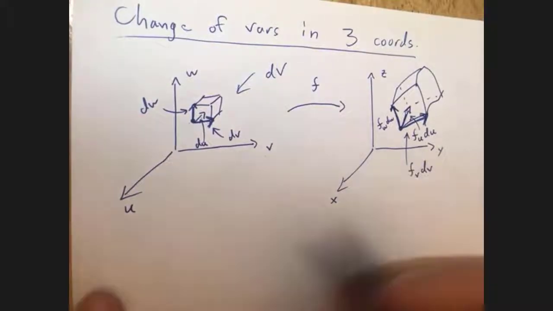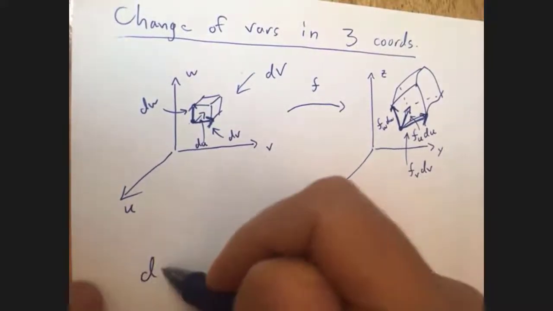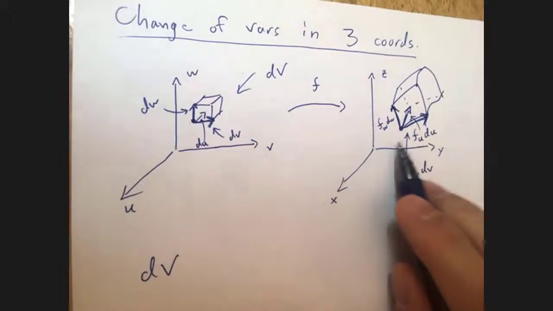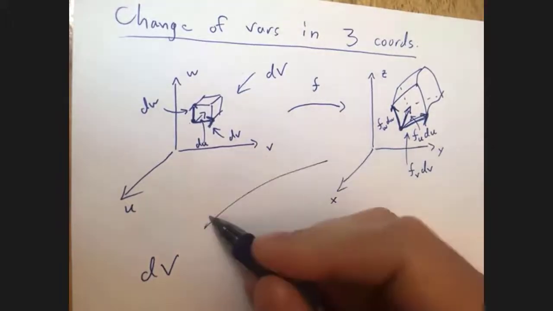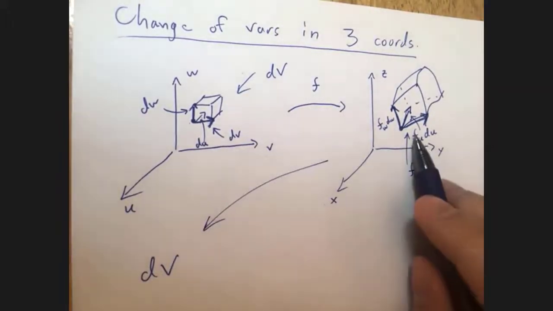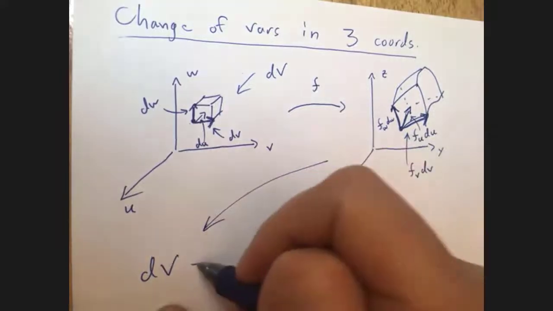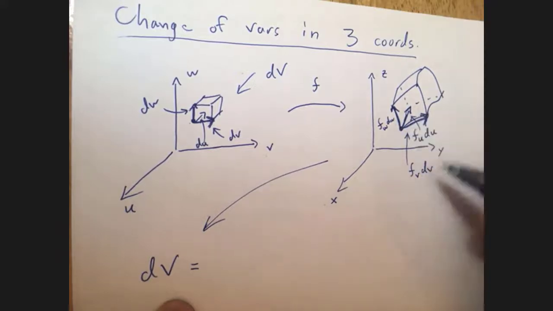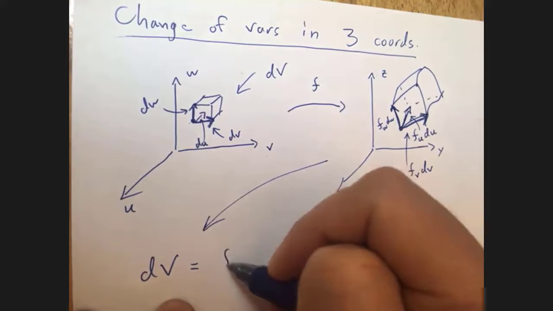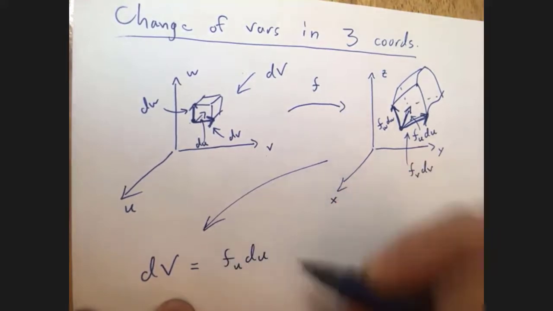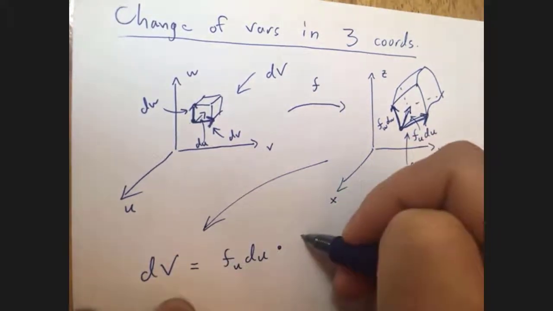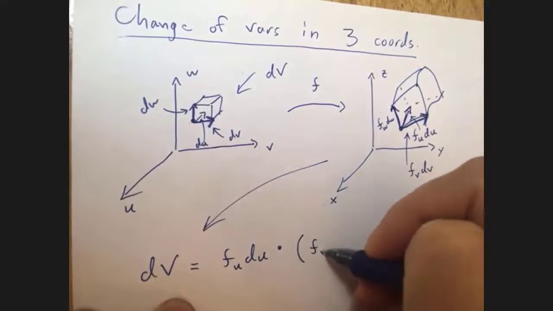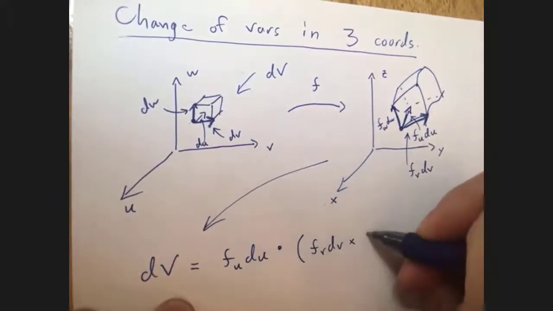The new volume in these coordinates is going to be the volume of this parallelepiped. If you remember from early on in the course, to compute the volume of a parallelepiped you take one vector and dot it with the cross product of the other two. So I'm going to take, say, f_u du, and dot it with the cross product of the other two vectors.